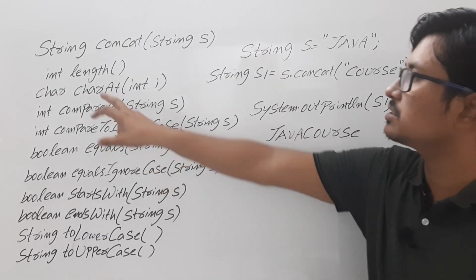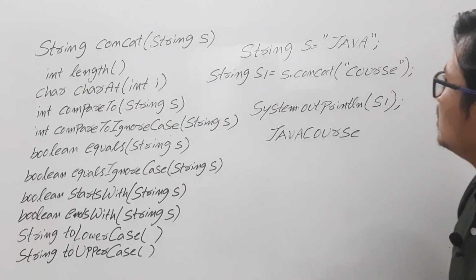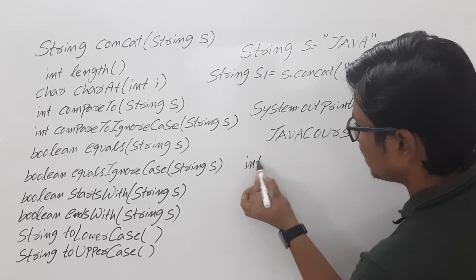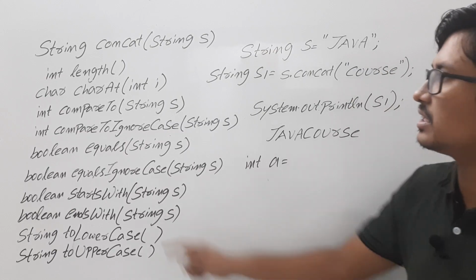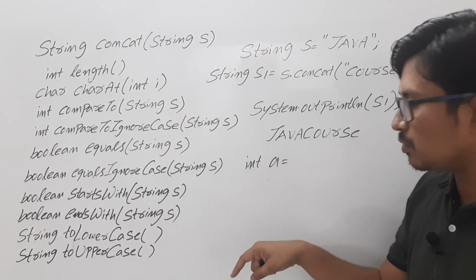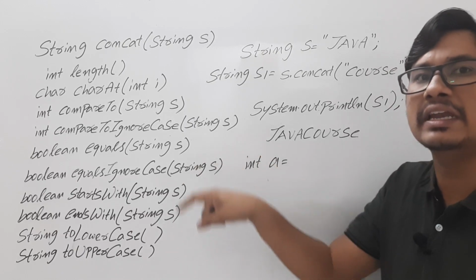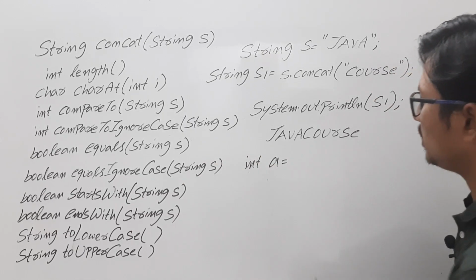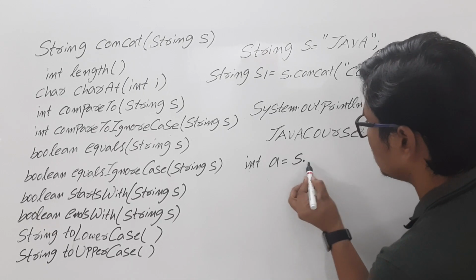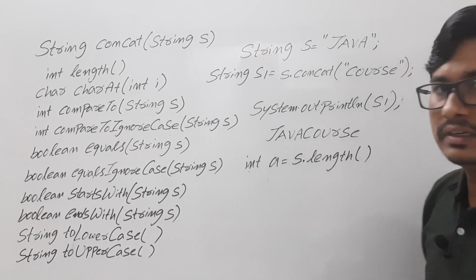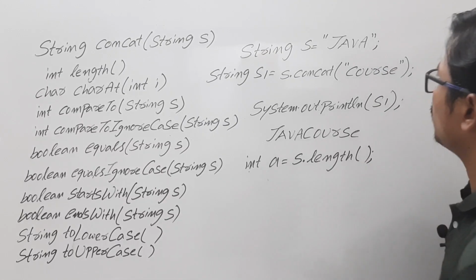Now let me discuss about the length. If I write int a is equal to, because the return type is an int, so it will return an integer value. So you need to store it in an integer variable. So that's why I have written int a is equal to s.length; ends with a semicolon.